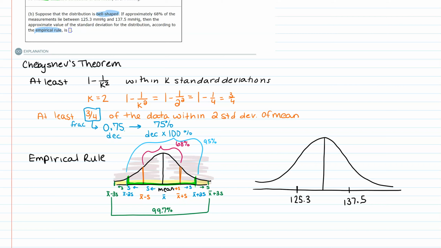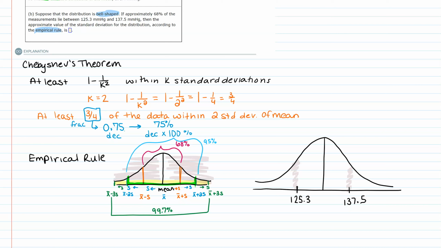So it's perfectly symmetrical. So if I've got these two values, 125.3 and 137.5, that mean is going to be right in between there, because it's an empirical rule problem. If it's just random numbers, it's maybe not right in the center, but for an empirical rule problem, because the empirical rule has symmetry in it, we could just find the middle by finding the average.